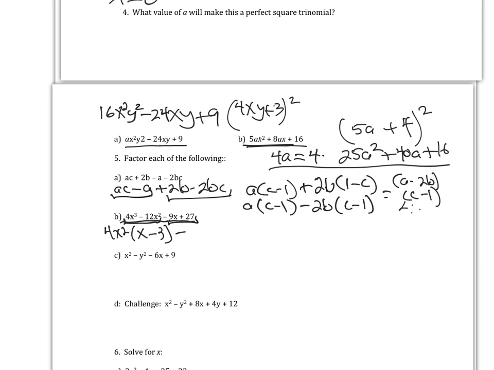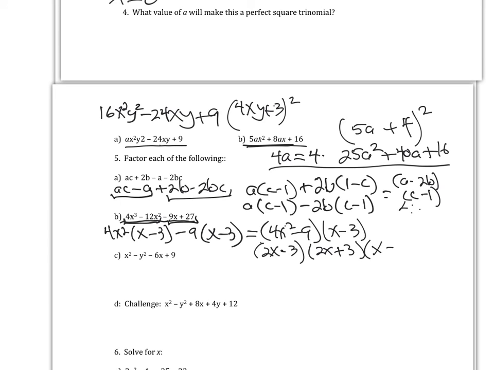And minus, we're going to pull out a 9, and that's going to leave us x minus 3 here as well. And that's going to give us 4x squared minus 9 times x minus 3. But this first term here is a difference of perfect squares, so we factor that to get 2x minus 3 times 2x plus 3 times x minus 3.